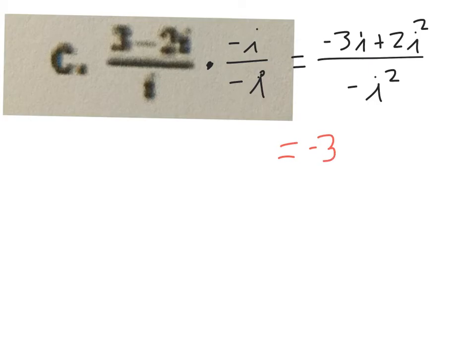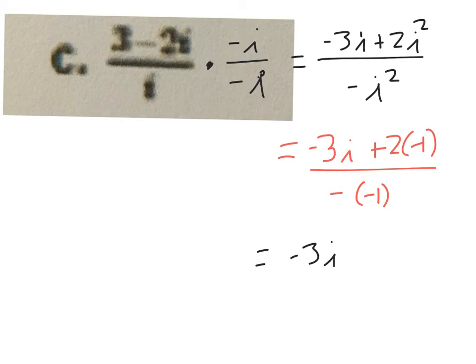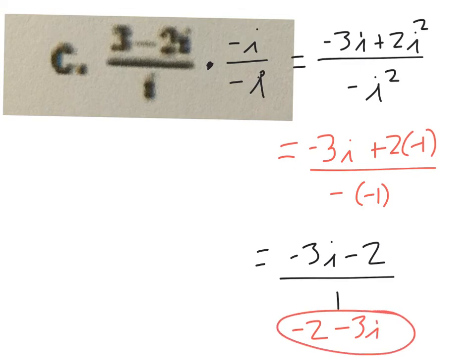Now replacing, that's negative 3i plus 2 times negative 1 over negative 1. So that's going to give negative 3i minus 2 over 1, which I'm just going to rewrite as negative 2 minus 3i, flipping the order around.